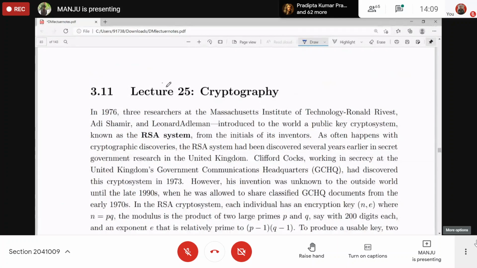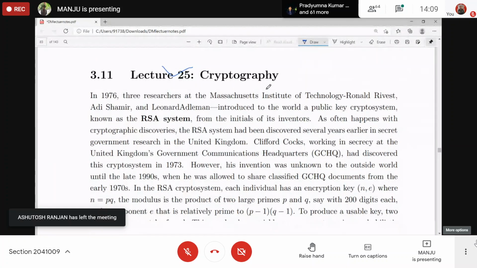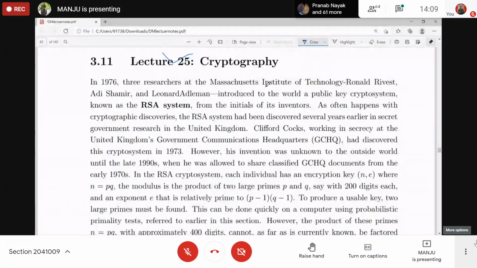Now come to cryptography. The RSA crypto system we will be discussing in this. Where do we use cryptography? In encryption and decryption of codes, right? So we will be discussing the RSA crypto system. What does this RSA mean?